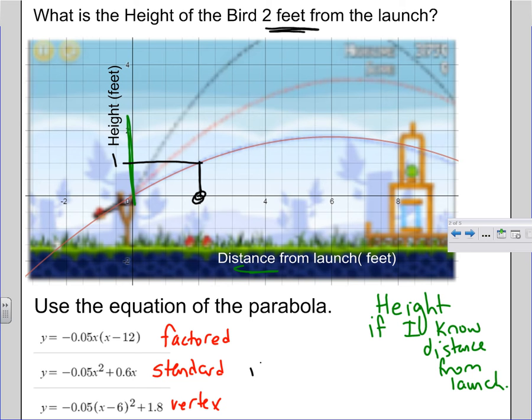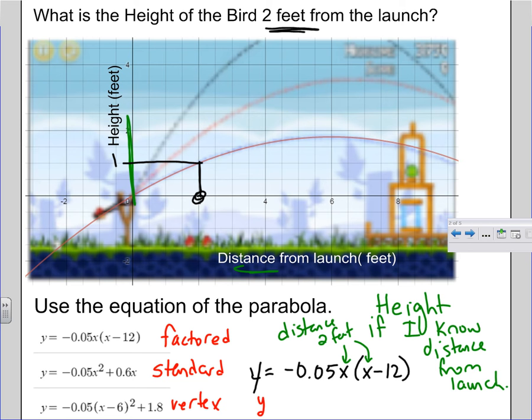So I have the function, or the equation, y equals negative 0.05x times x minus 12. If I'm talking about a distance of 2 feet, then I want that to go in for both values of x.